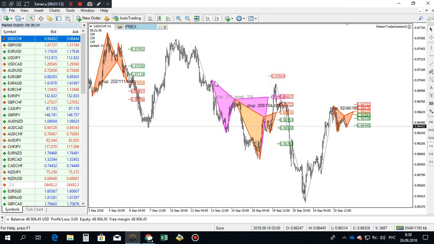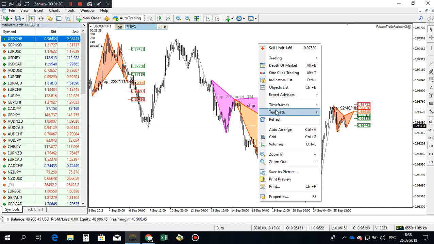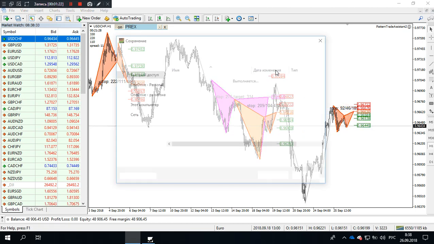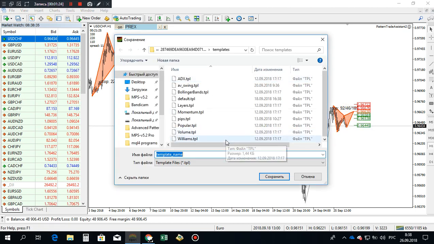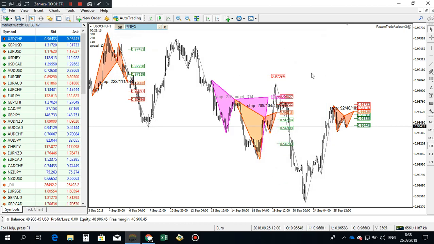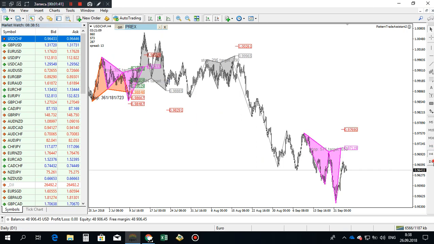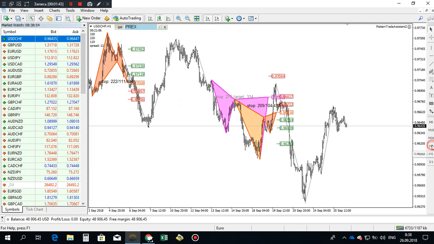So here are the settings for that, the dollar Swissy 1 hour, and I will save the template as, how can I call it, Forex.